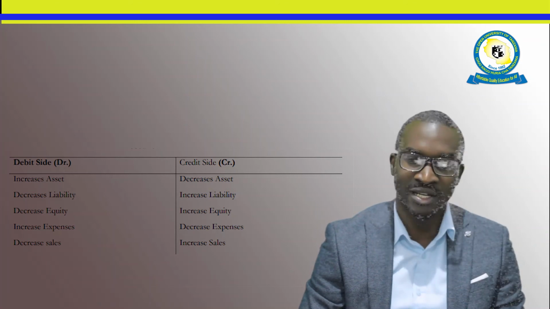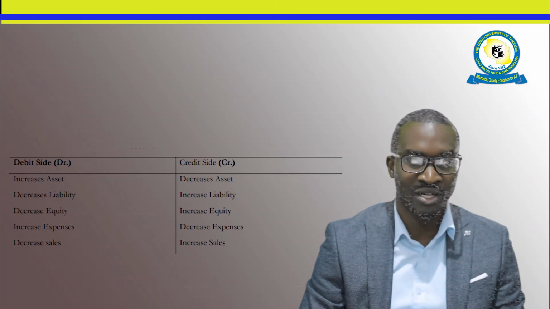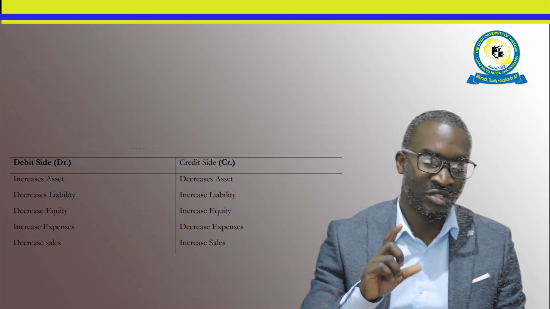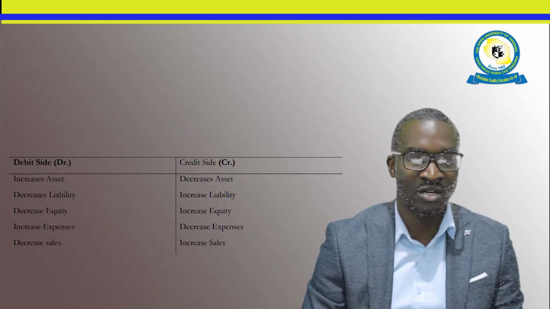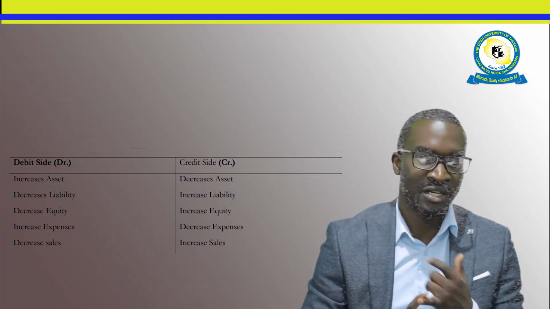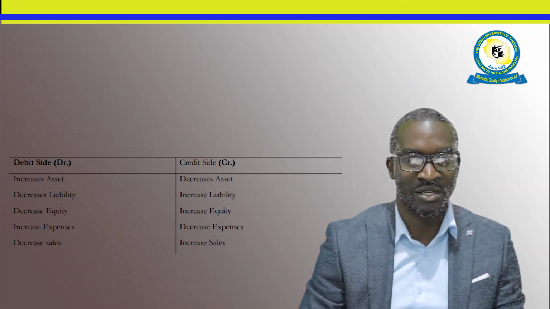If you have a decrease in liability, debit that account. If you have a decrease in equity, debit that account. If you have an increase in expense and a decrease in sales, you debit. So an increase in asset, decrease in liability, decrease in equity, increase in expense, and decrease in sales have a debit nature.